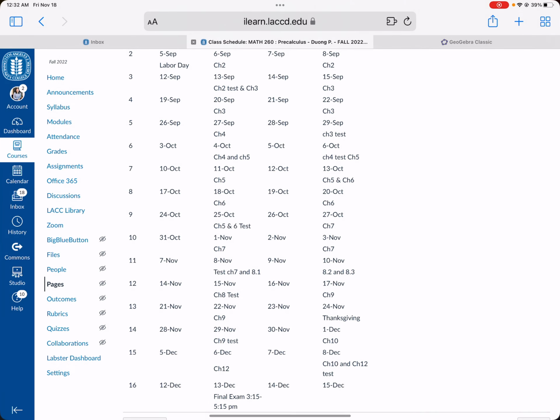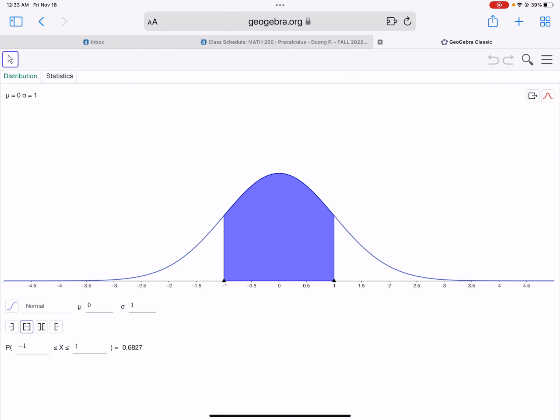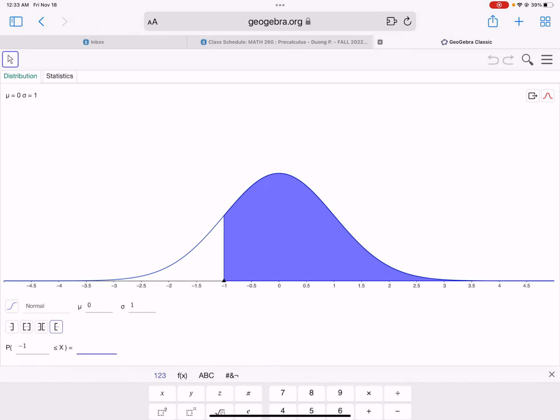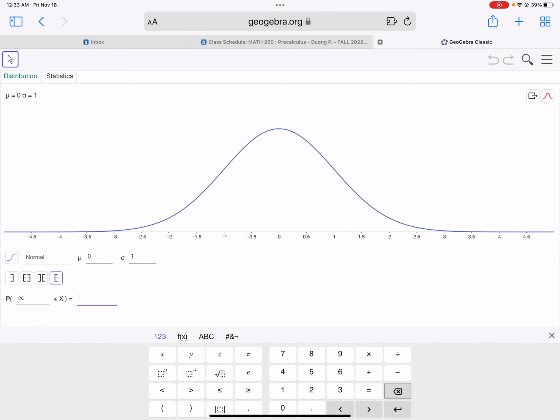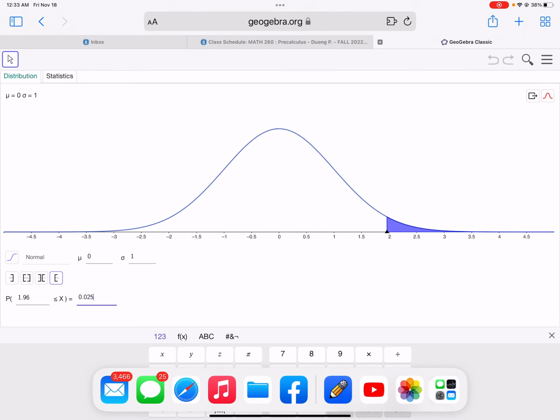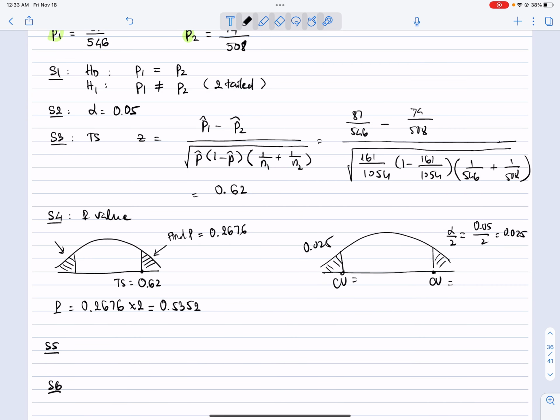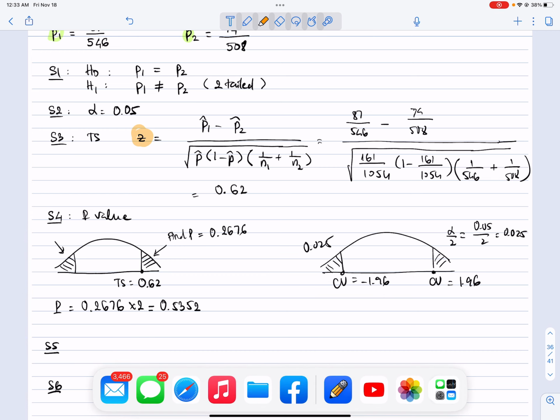Now let's find the critical value first. You can use either the right side or left side. In this case, I use the right side and I input 0.025. I got 1.96 and negative 1.96. We are using Z because in step number 3 we have Z. For the P, we have the answer is 0.2676.